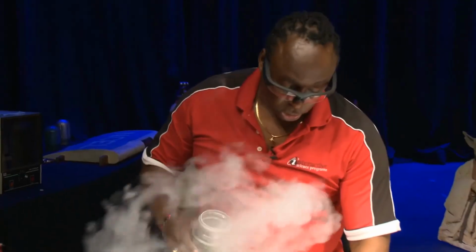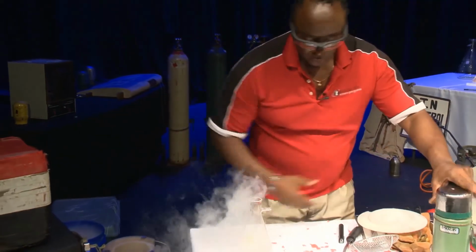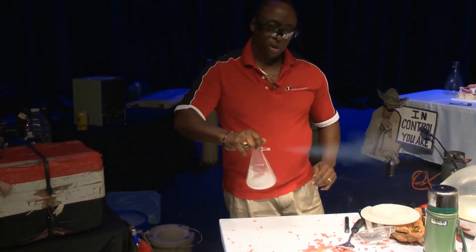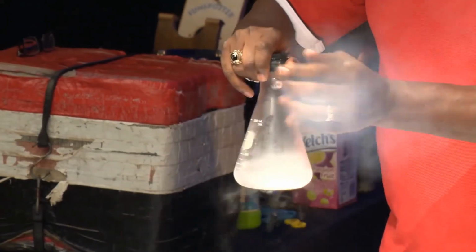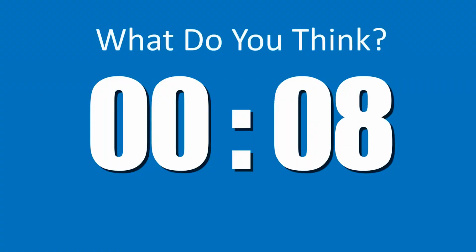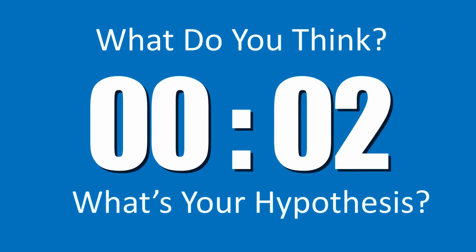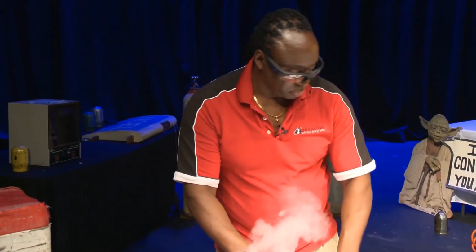Notice I poured a little bit more in. Put the top on. Our liquid is boiling, coming out the hole in the side so the top won't pop. What happens if I cover the hole? The top should pop off, so let's cover the hole.